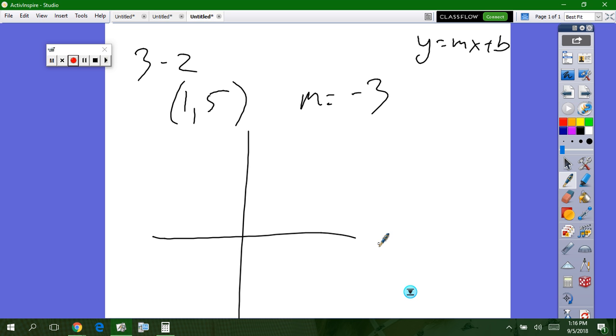Once again, here's (1, 5). My slope being what? -3, understanding that that's -3 over 1. So I could go down 3, 1, 2, 3 over 1.